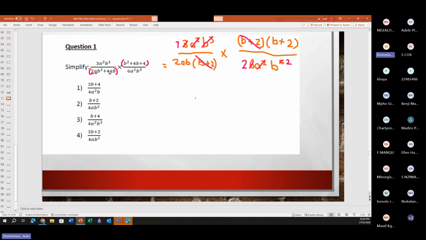Okay, so at the top, I've got b plus 2. And at the bottom, I've got 2a, b, so it's 2 times 2 is 4. It's 1a, b, b3.